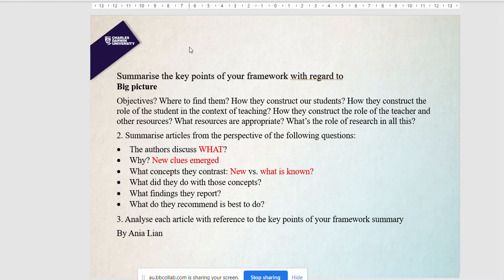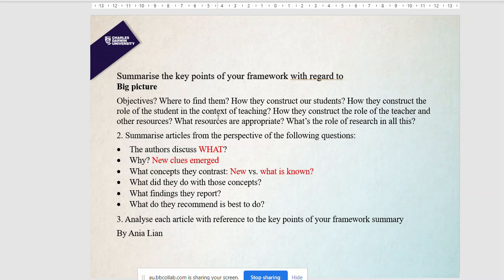How do these policies in relation to your object of study, how do they construct the role of resources in your classroom? Are they just stories or things to memorize, things to manipulate, to develop reflexes in students?